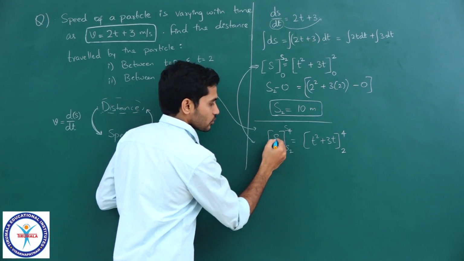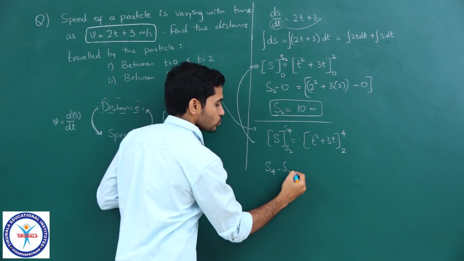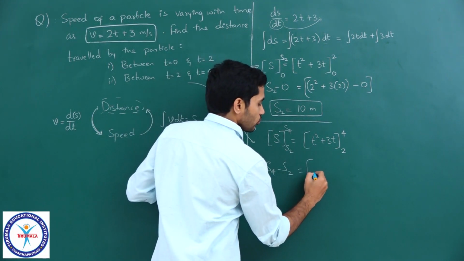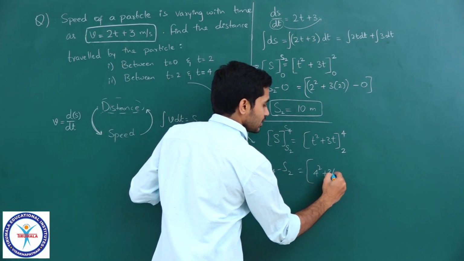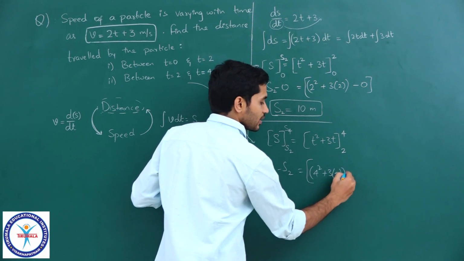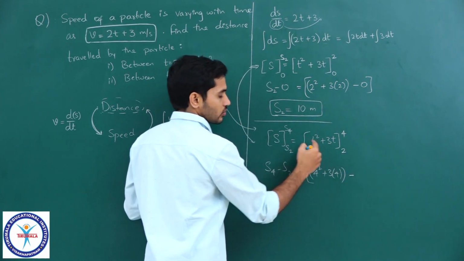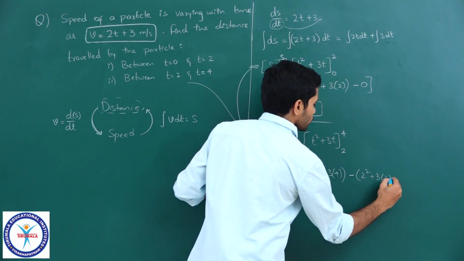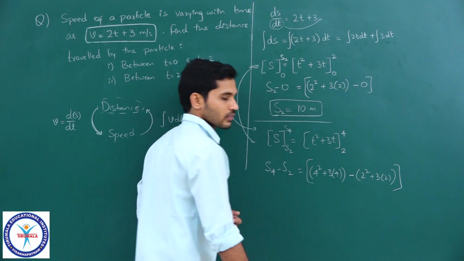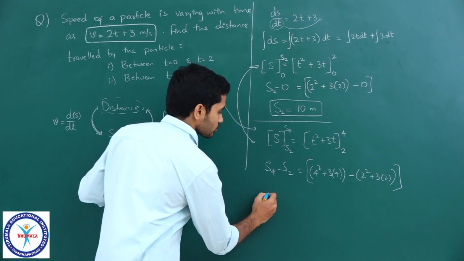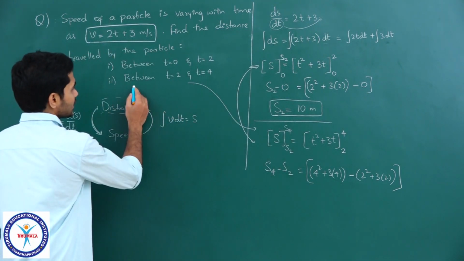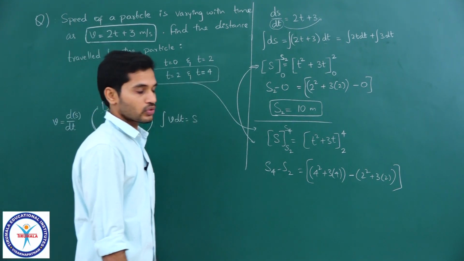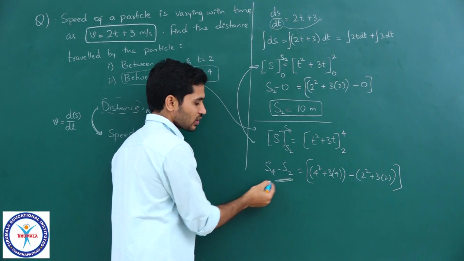On this side I will substitute S4 minus S2 is equal to, what do I get on that side? 4 square plus 3 into 4 will be the upper limit minus, now substitute 2 square plus 3 into 2, this will be the lower limit. That is it. So, what are they asking me? Distance covered between t is equal to 2 and t is equal to 4, which means this itself, right? This is what they are asking me.